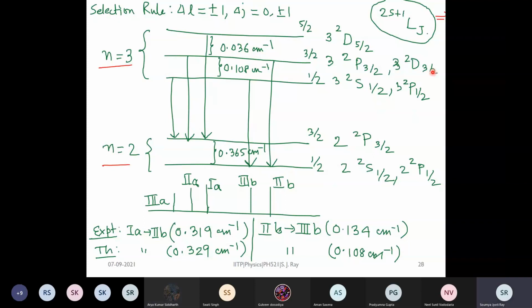Okay. So let's do one thing. For the moment, please ignore these terms because they have certain implications. I will explain it later. Just to clarify, for the moment, please ignore these second terms: 2D 3 by 2, 2P half, and 2P half here also.